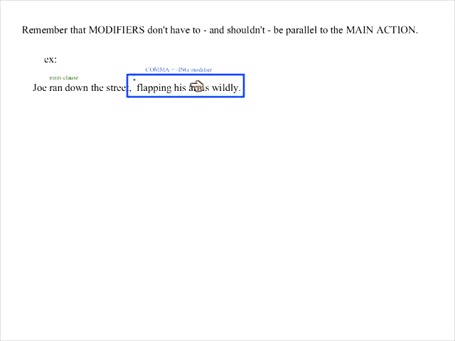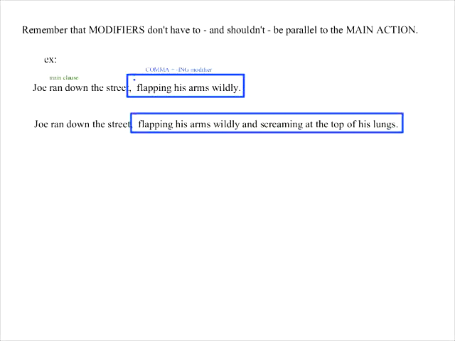Okay, so here's another example. Joe ran down the street, flapping his arms wildly and screaming at the top of his lungs. In this case, this much of it is still a comma plus ing modifier. But the difference is, here's still the main clause. But now you have a two-part modifier.